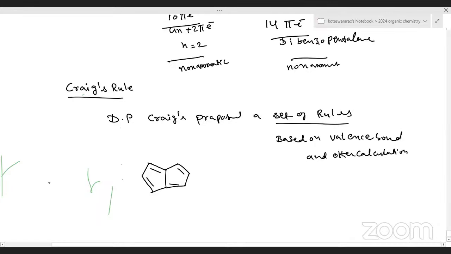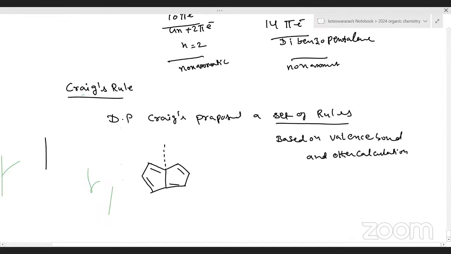Right. What Craig explains is that these rules are applied only to the hydrocarbons in which at least two pi centers are on the symmetry axis. What is the symmetry axis? When you insert an axis, it is like a line, right? I am inserting the axis like this.